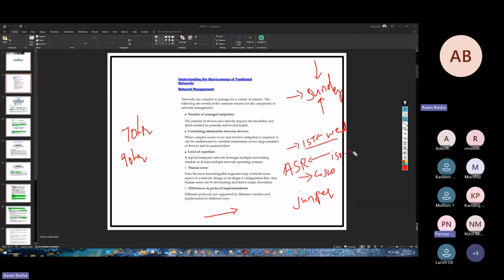The edge point, when you say the edge point, you mean the CE, right? Customer edge usually has an ASR router or any router which is iOS XR. Now in iOS XE, which is our 4000 series devices, there is no rollback in it.